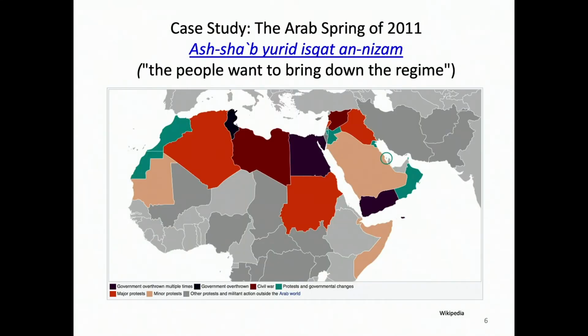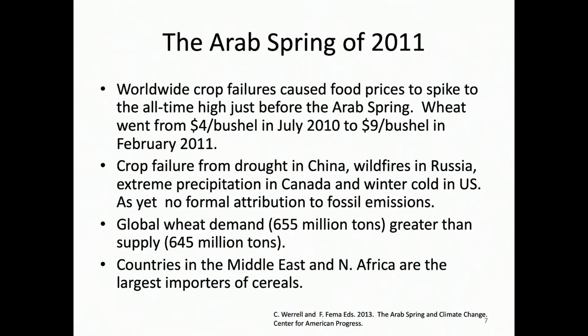One of the best ones is a book that was actually produced here at Princeton about the Arab Spring in 2011, when the countries that are shown here all suffered serious civil disruption. And what happened was that worldwide crop failures caused food prices to spike. Wheat went from $4 a bushel in July 2010 to $9 a bushel in 2011.